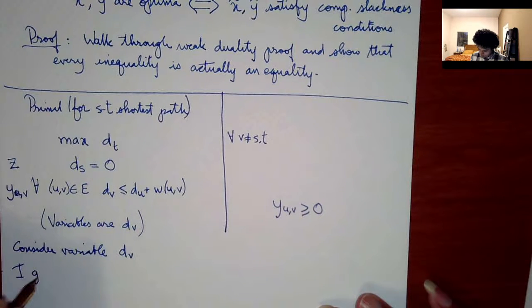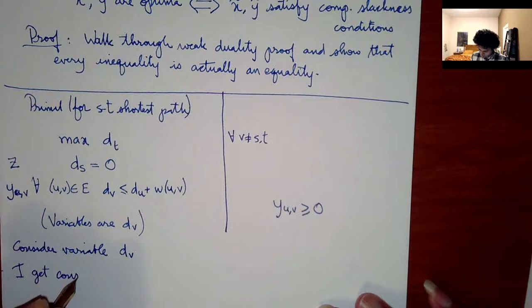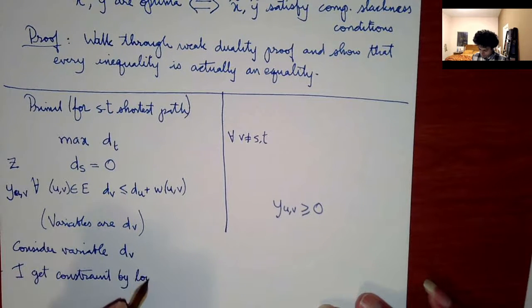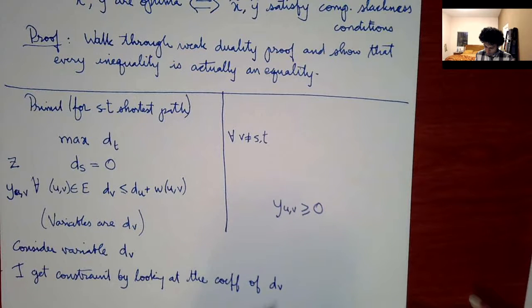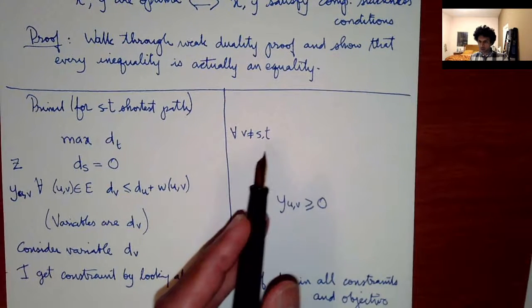I get that constraint by looking at the coefficient of d_v in all constraints and the objective. Okay, so if v is not equal to S or T, what is the coefficient?